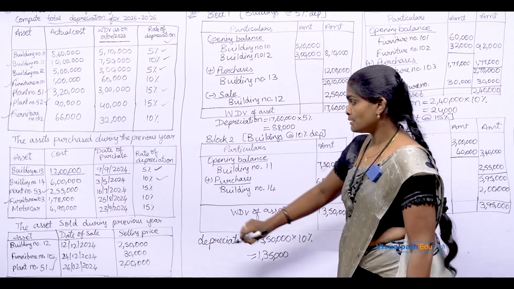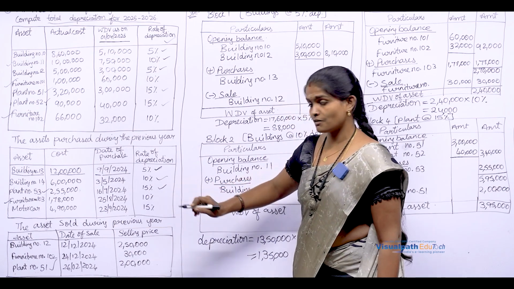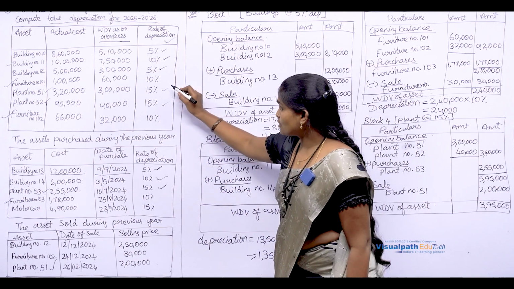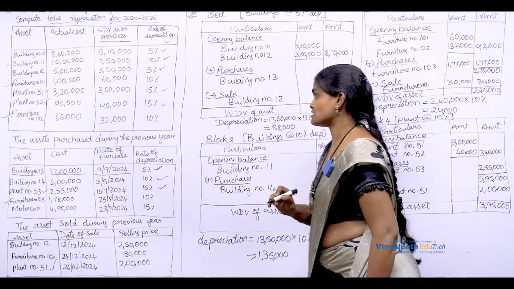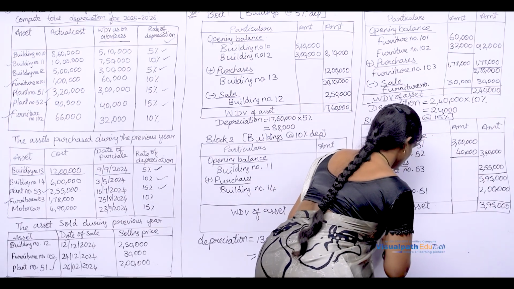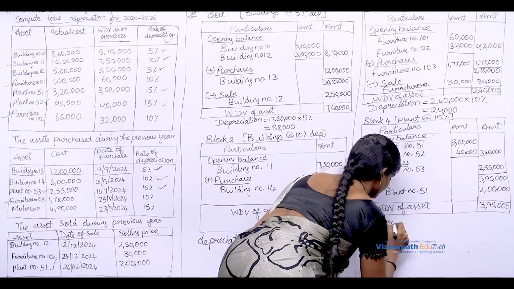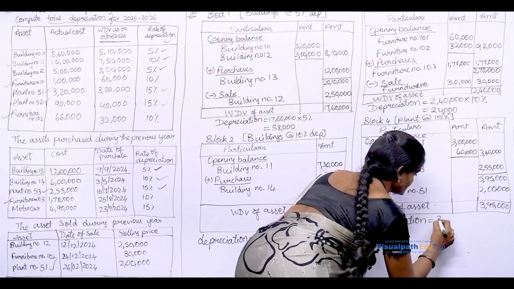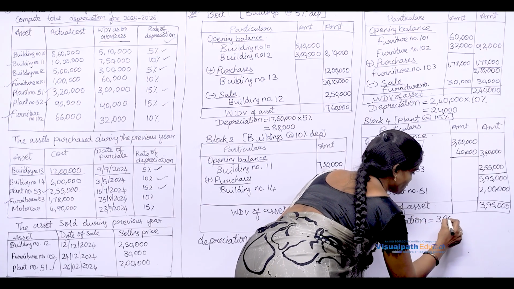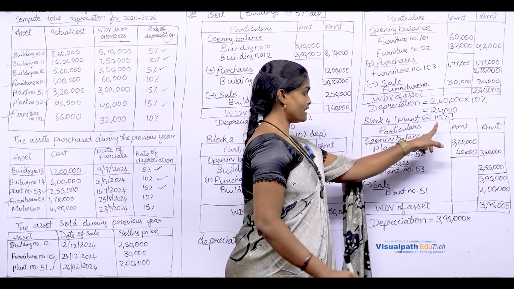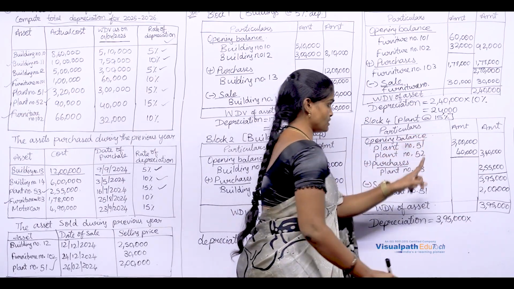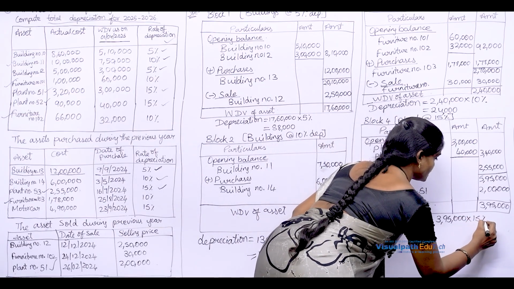Now, calculation of depreciation. The rate is given as 15%. Here also you have 15%. So 15% is the rate of depreciation. Depreciation is equal to the written down value of the asset, that is 3,95,000 into the rate of depreciation 15%.